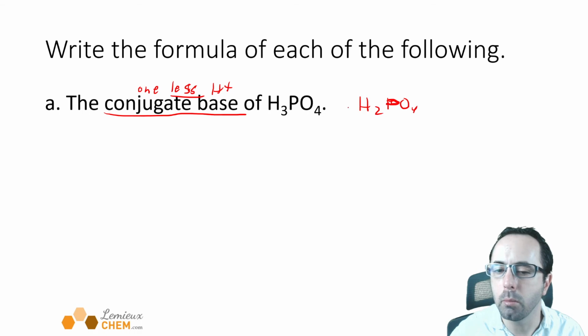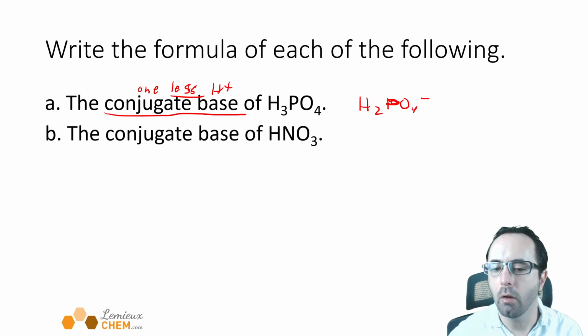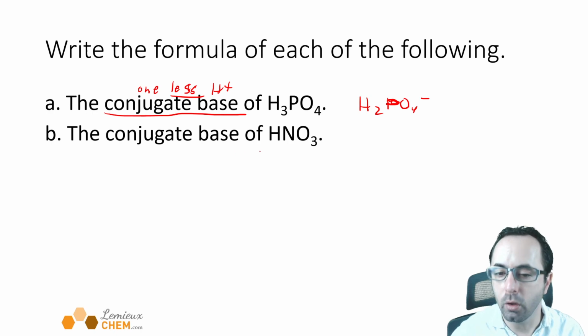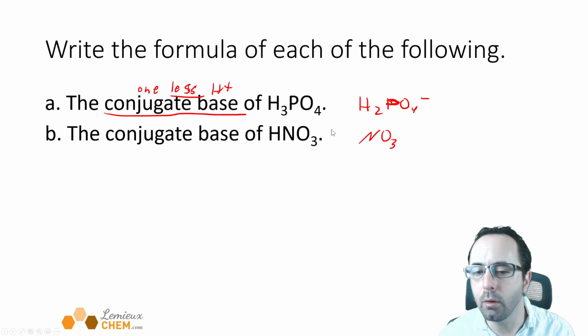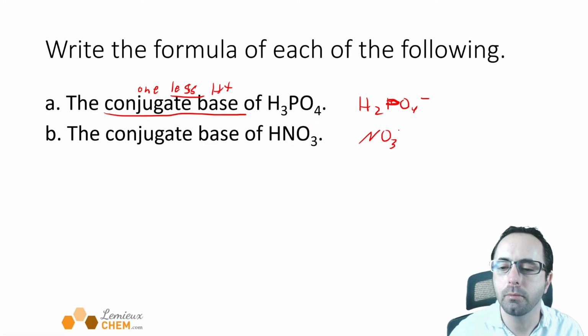It will no longer be 0, it will be -1. What is the conjugate base of HNO3? It's what you have again if you have 1 less H+. So the H will no longer be there, it will be just NO3, and the charge will be decreased by 1 unit because it lost the H+. So from 0 down to -1.